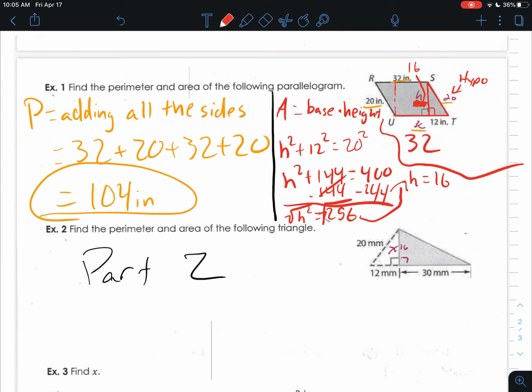So once we see that, it actually becomes a lot easier to understand, because then we just take the base times the height.